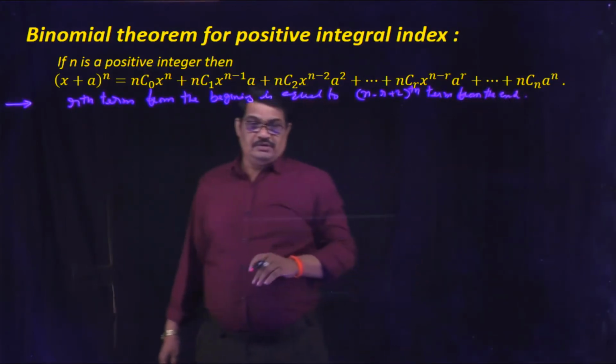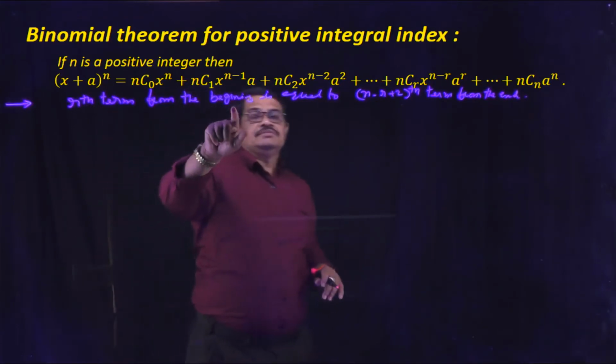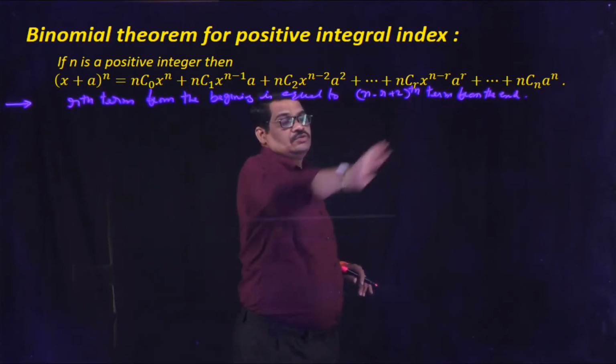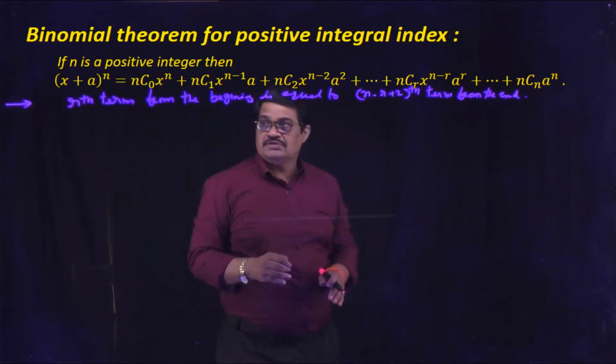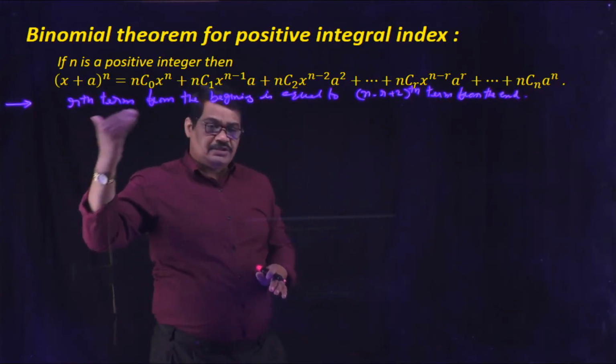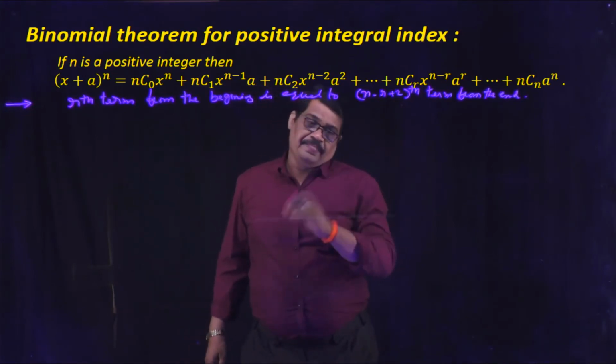So the rth term from the beginning is equal to the n minus r plus 1th term from the ending.